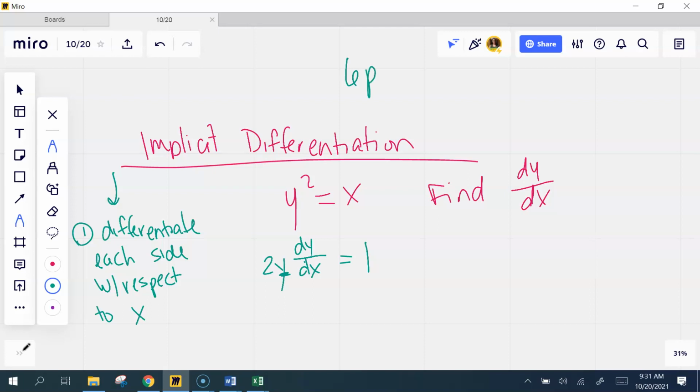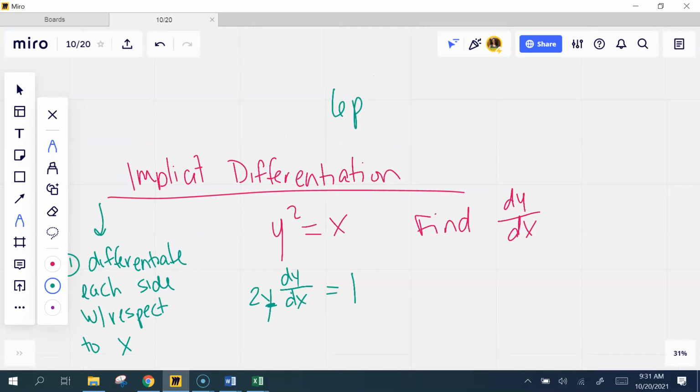If I had 6p and I wanted to find the derivative with respect to x, well, the derivative with respect to p is just 6, but the derivative with respect to x would be 6 dp dx, okay? But with respect to p, it's just 6.